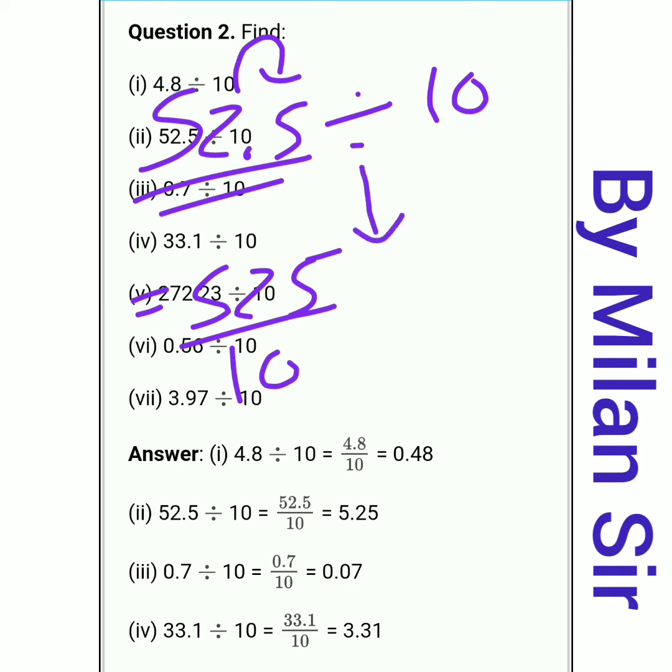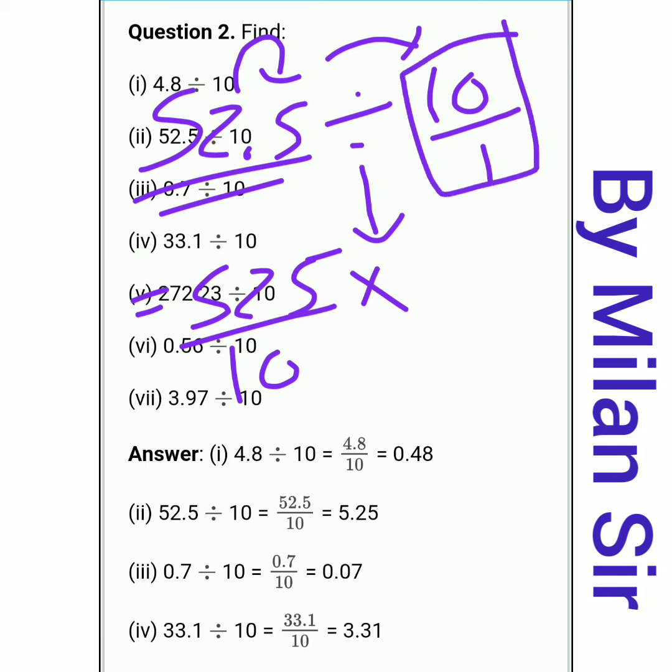Then we need to convert this division into multiplication, and we need to take the reciprocal of the second number. Now in the denominator nothing is there, so we can write 1. The reciprocal of 10 by 1 is 1 by 10.